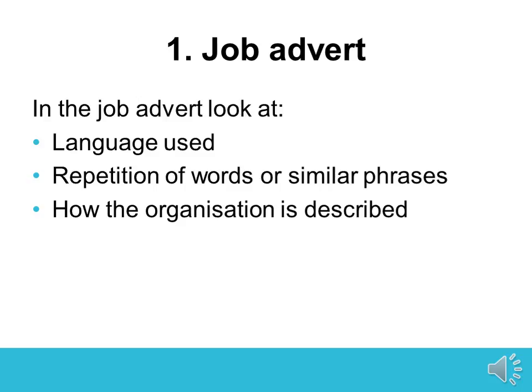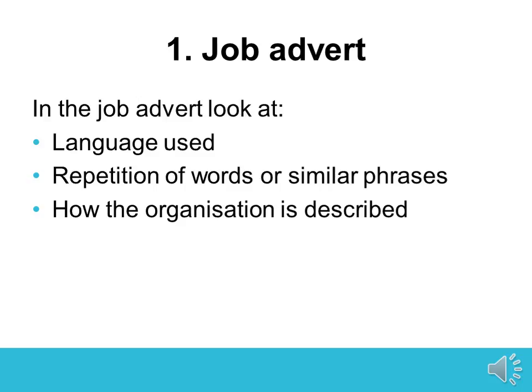If there are no other similar roles that you can look up, then you could look for similar posts on prospects.ac.uk and look under entry requirements for the type of skills that are needed in that role. Alternatively, you could do a Google search for the placement title, such as research assistant or research technician or scientific information technician, and see what descriptions are given for that type of role in a range of other organisations.